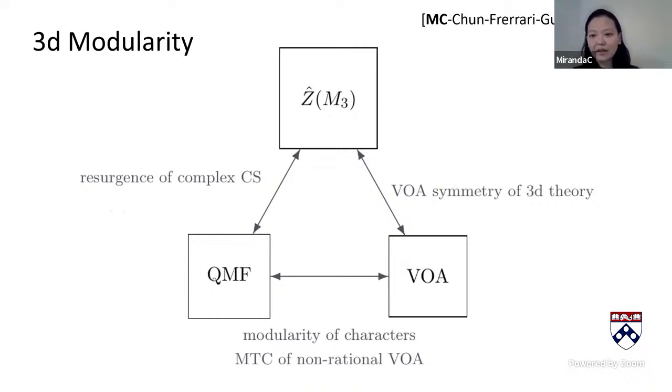On the other hand, it seems that they could be expressed in terms of characters of some vertex operator algebras. So it hints at some VOA symmetries of the 3D theory. That's very nice, that you have a vertex algebra associated to a closed three-manifold, which is even more structured than you started out hoping for.